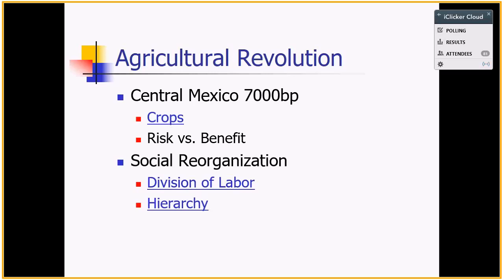The Aztec and a couple of the other groups, but especially the Aztec, probably provide your best example of one of the most advanced social organizations here in the New World.